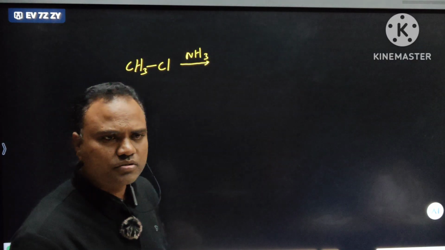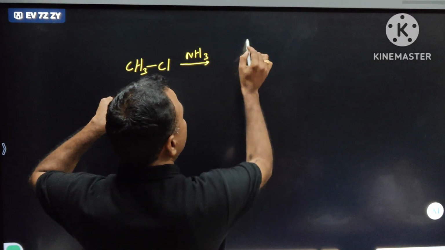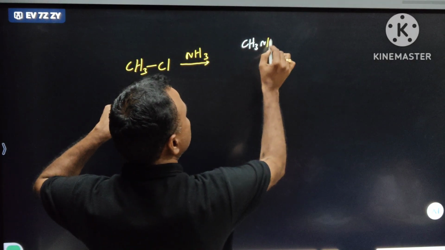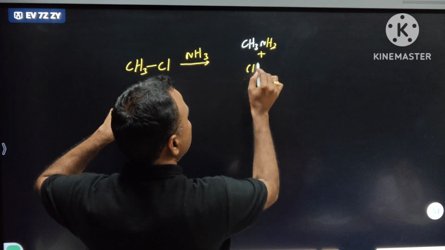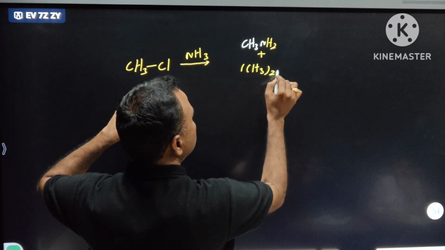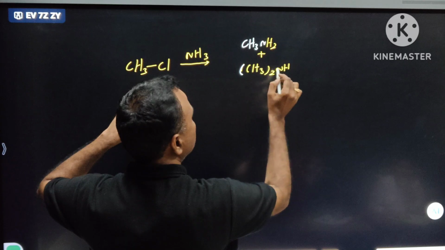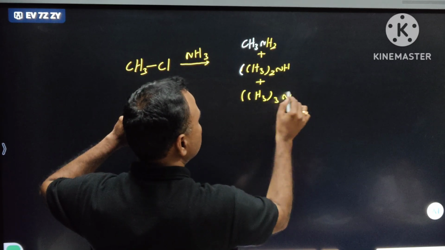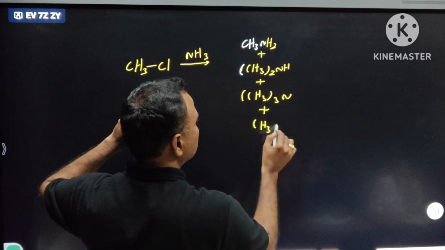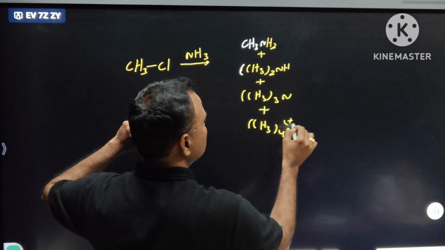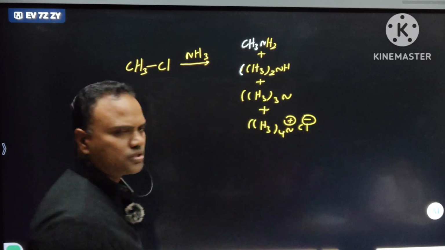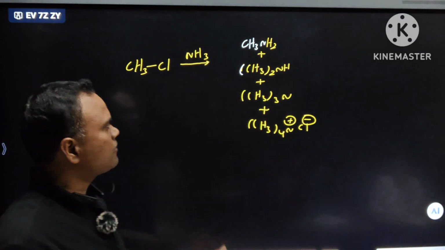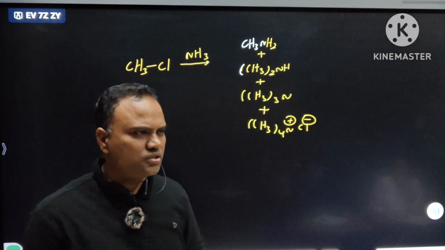First tell me the products. What are the products? CH3NH2 plus (CH3)2NH plus (CH3)3N plus, yes, (CH3)4N positive, Cl negative. Correct. Quaternary ammonium salts.